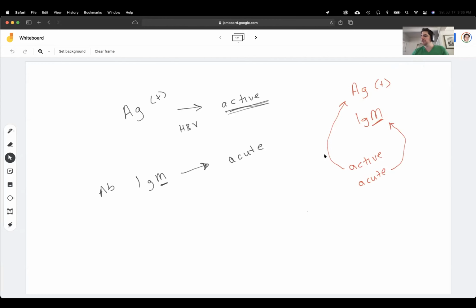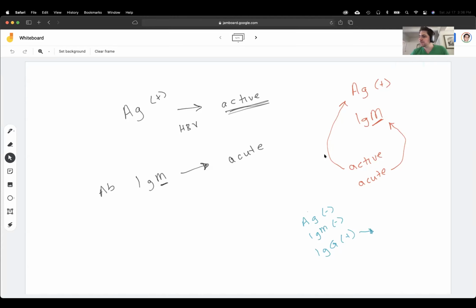Now, what if you tell the patient to come back in a couple weeks, and your antigen's negative, IgMs are negative, but IgGs are positive, all right? You could tell the patient, since there's no antigens there, the virus isn't present, okay? You've cleared the virus, and IgM isn't present, but IgGs are.